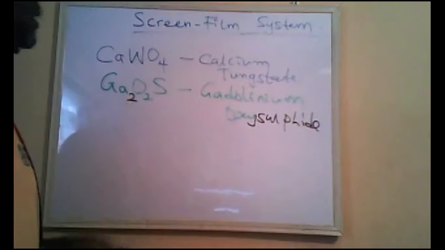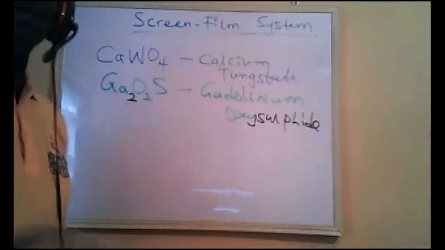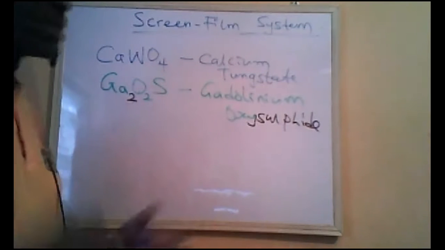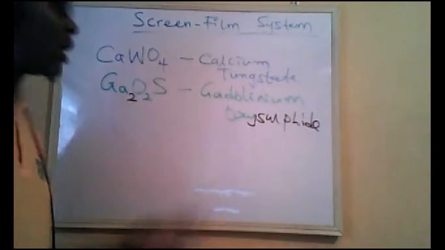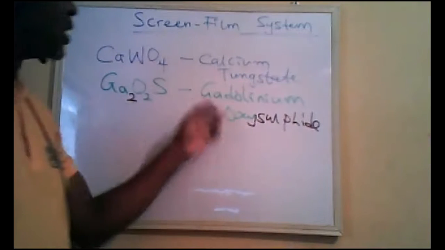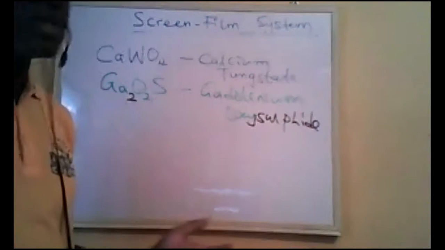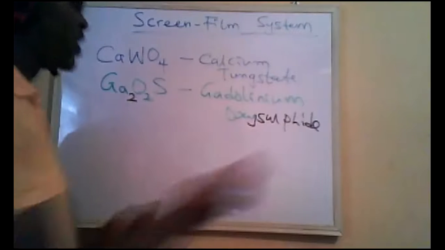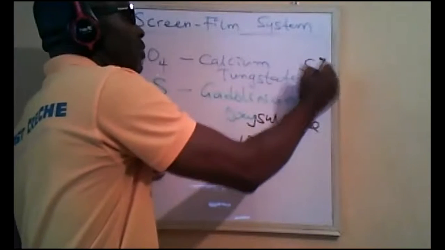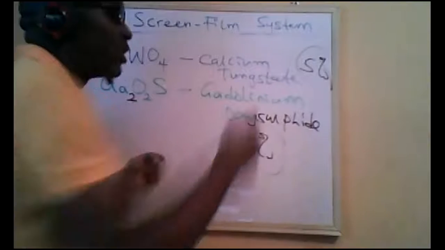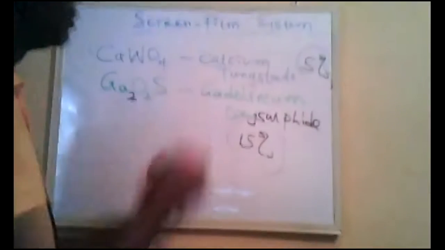So these are the five main types of screens that we use in our screen film system. But these two are the most popular ones. But today, what we use is the gadolinium oxysulfide because of its high conversion efficiency of about 50%. This one has a 5% conversion rate. So from there, we're going to continue.